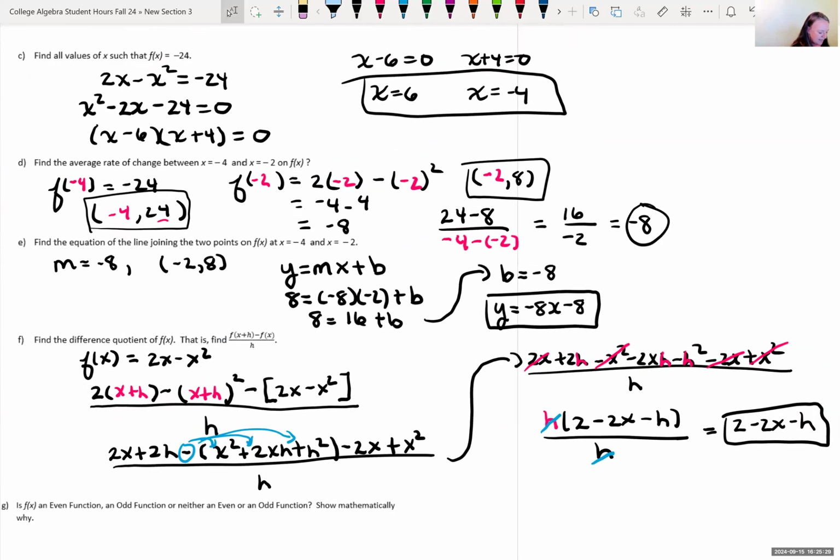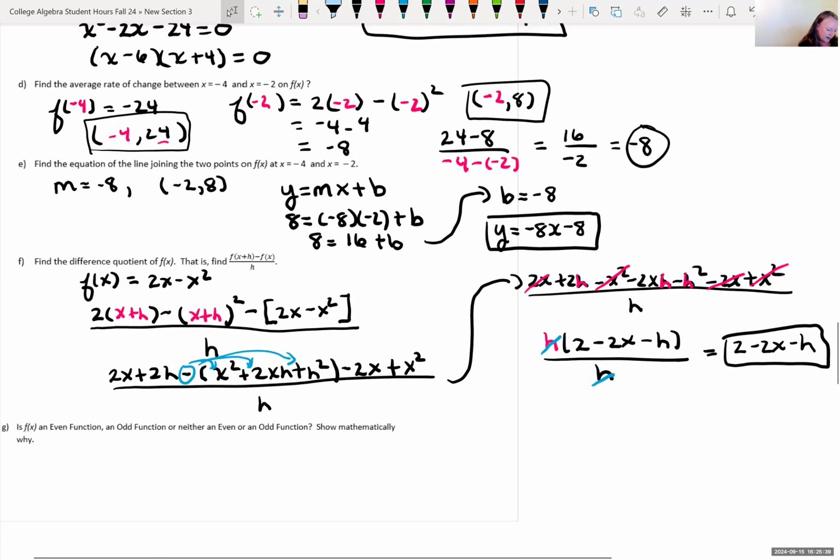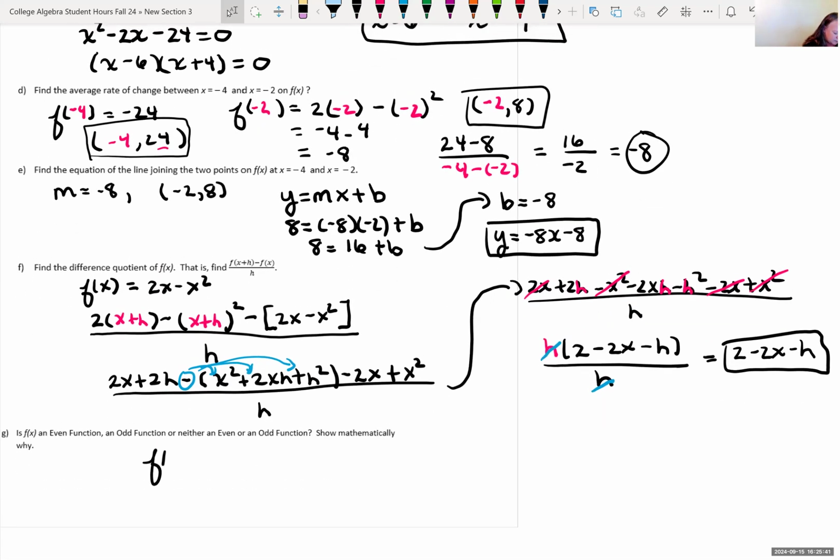The next piece says, is f of x an even function, an odd function, or neither? Determine even or odd, and show mathematically. So let me rewrite down again what f of x is. F of x was 2x minus x squared.